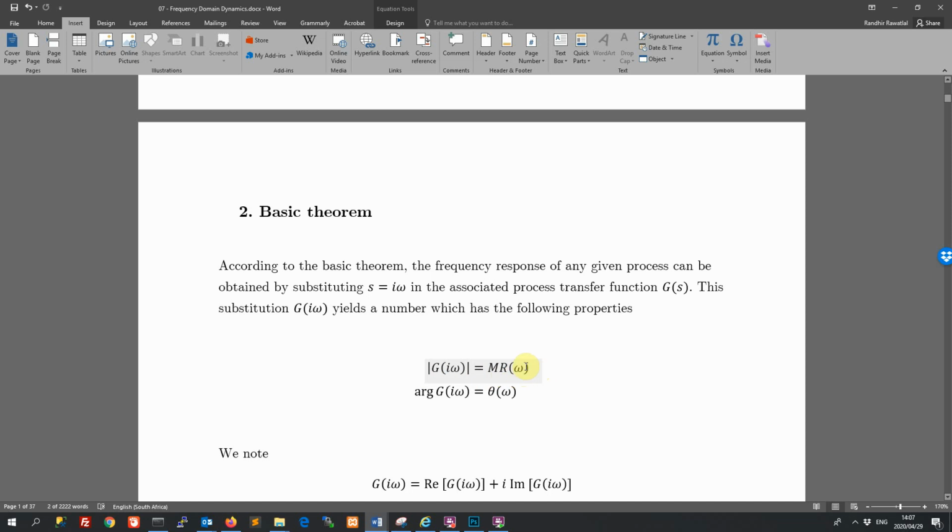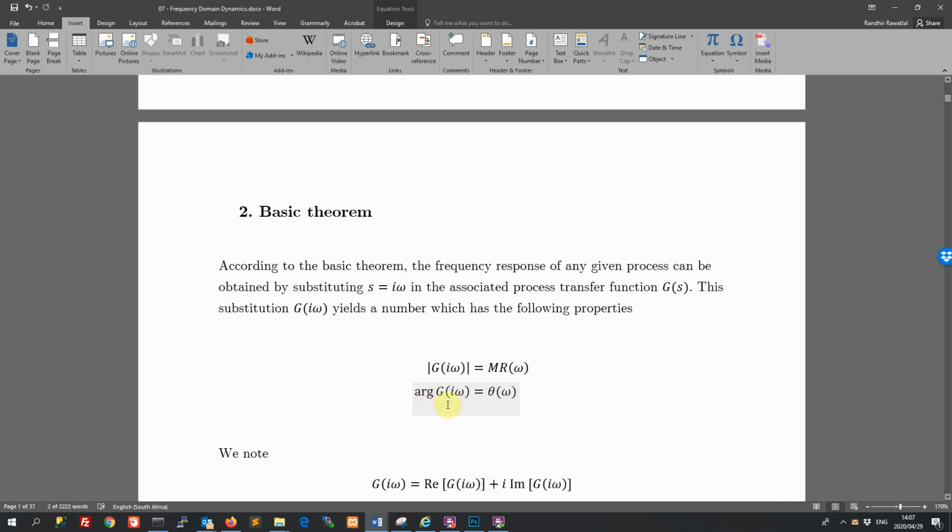So that's one half of the basic theorem, and the other half says that that delay time, that phase angle, can be obtained as the angle of the result we get by applying i omega in G. So once more, if we apply i omega for s in G, we'll get out a complex number, and that complex number will have an imaginary part and a real part, obviously.